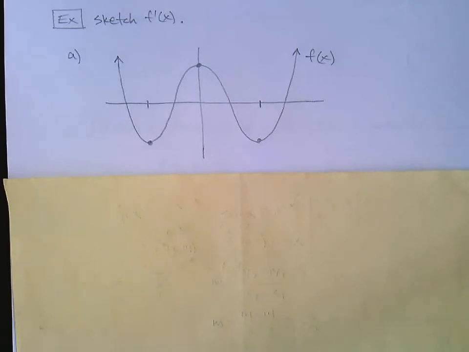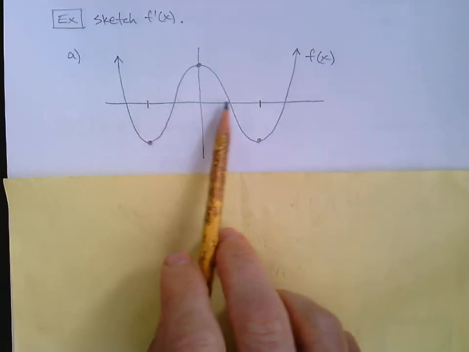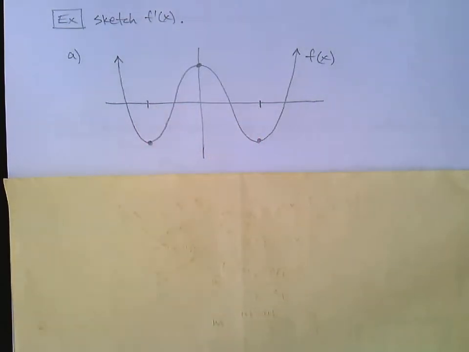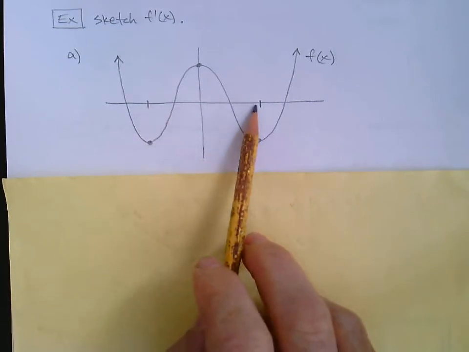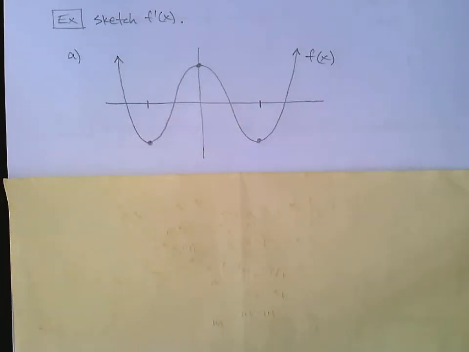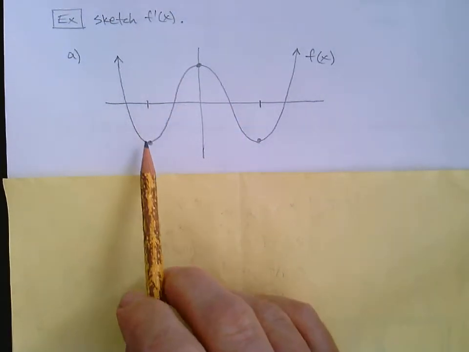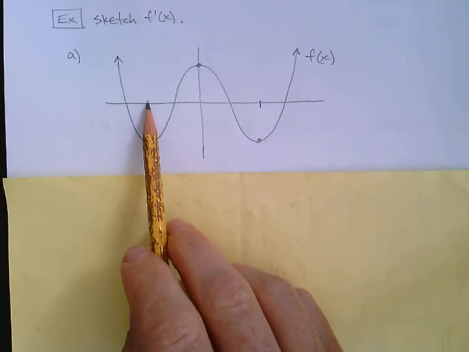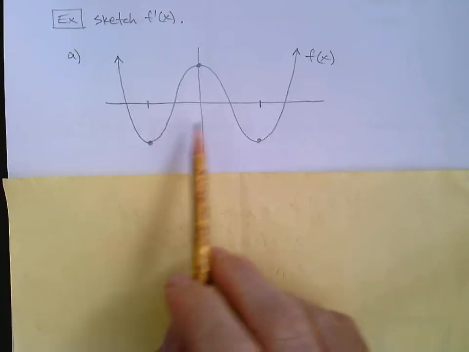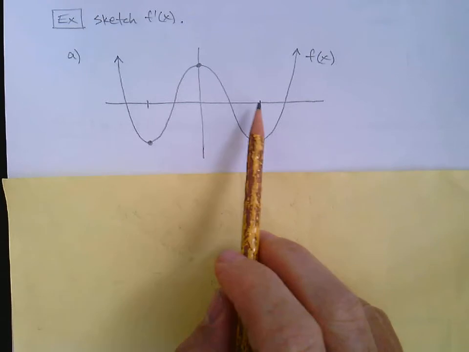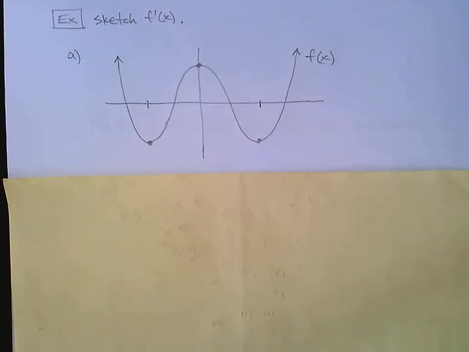In part A, you can see the graph of f of x, and I haven't labeled the particular points, the x values where these things occur, or the y values. That's not important. Just go ahead and give yourself a sketch. It's supposed to be symmetrical, so wherever this occurs down at the bottom, there's some symmetry happening in the middle. We've got this W shape. So take a moment and draw that.